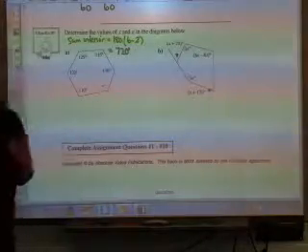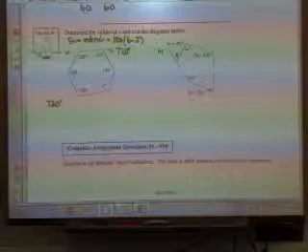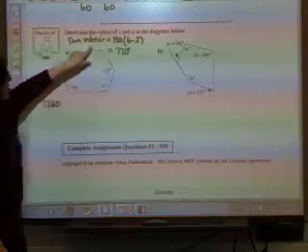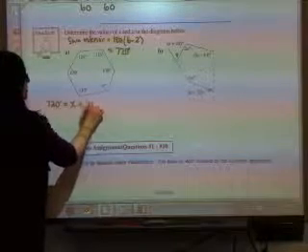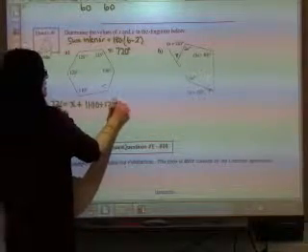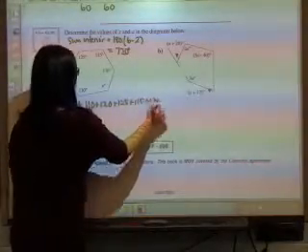So now that I know the sum, I can write 720 degrees has to equal all of this: x plus 110, 120, 125, 115, and 130.